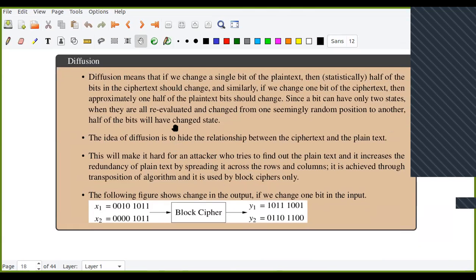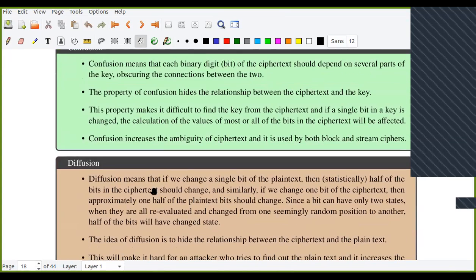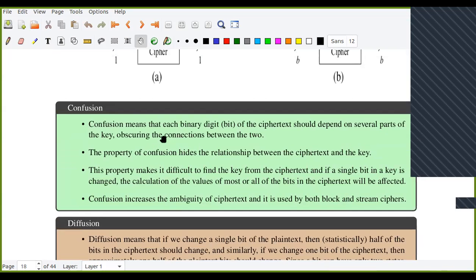Confusion is a little different: each binary bit of ciphertext should depend upon several parts of the key, obscuring the connection between the two. You will understand more when we do some examples. So this is the idea he gave.